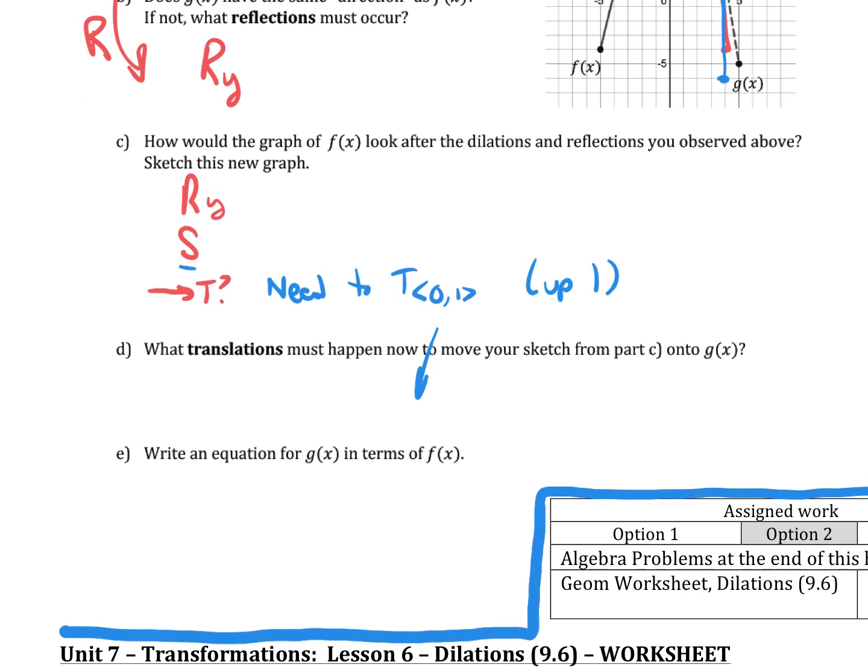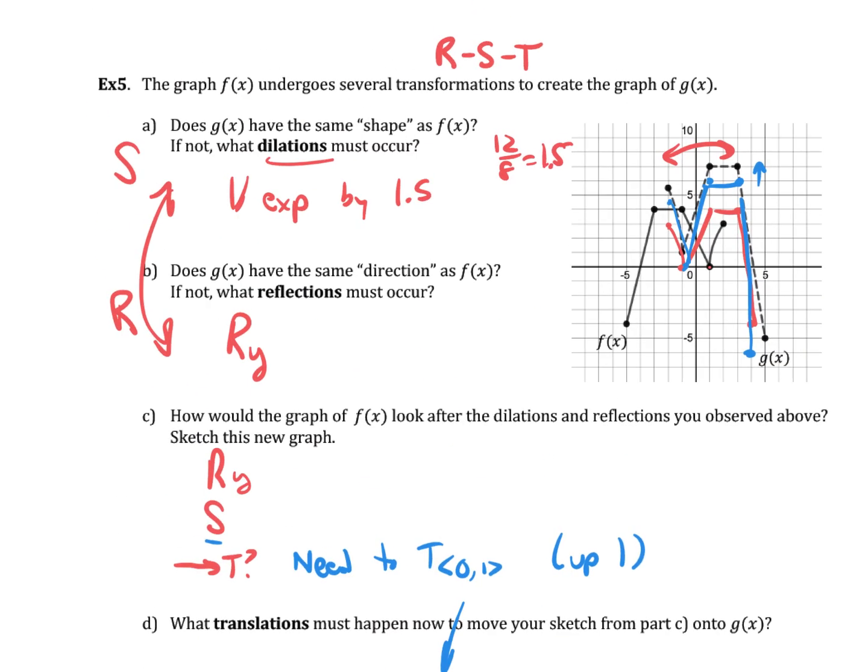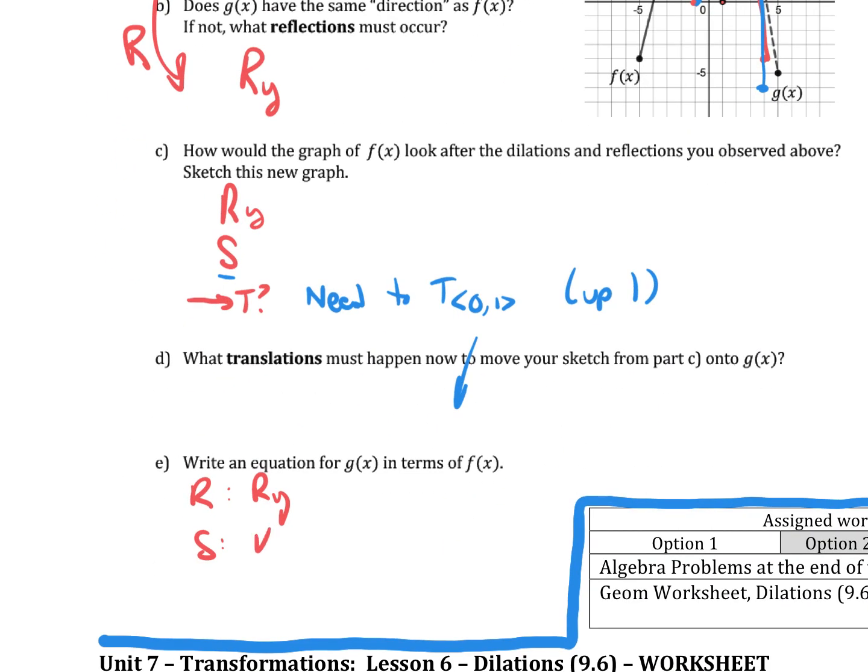Okay. Write an equation. So the equation we need to write is reflecting over y, then a vertical expansion by 1.5, and translating up 1. Okay, so coding wise, let's talk about each one of those things in terms of code. Reflecting over the y-axis means change the x. I believe that's this. Reflecting over the y-axis is f of -x.